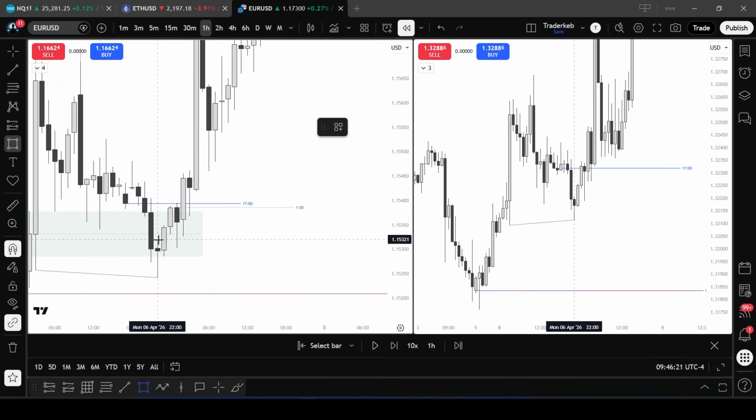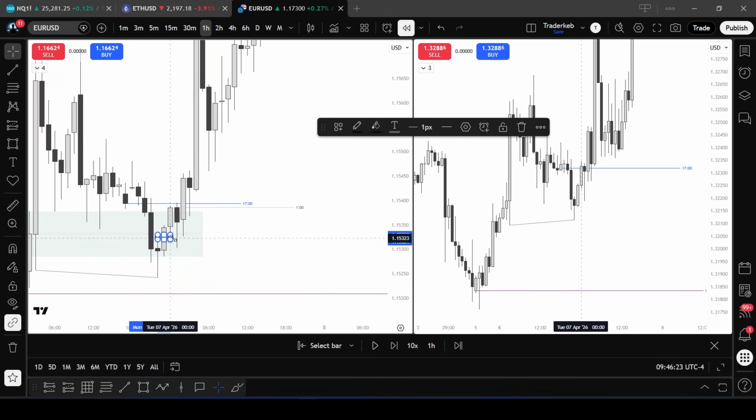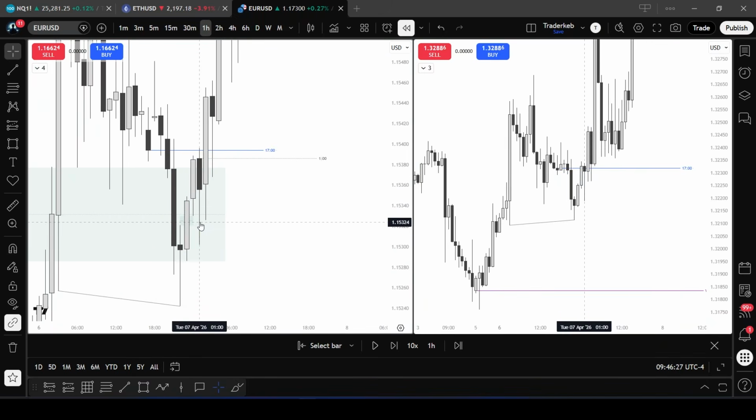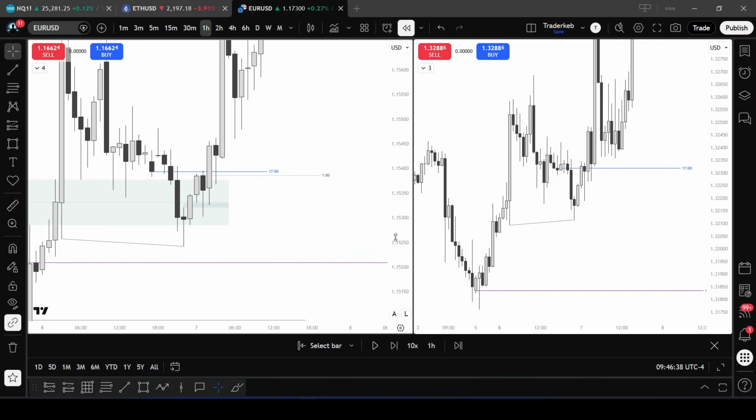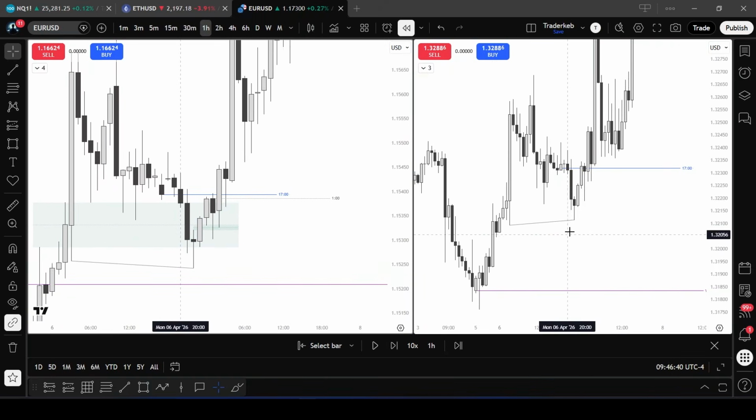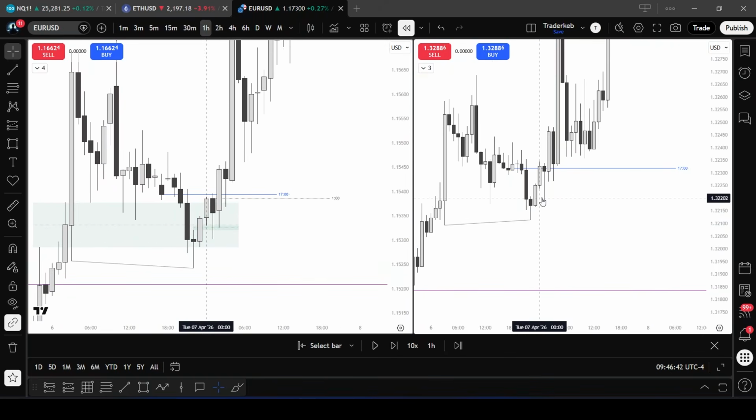We had this fair value gap here. I don't know why I can't grab this. You see, we have a fair value gap here. So we open, trade into that fair value gap. I want to see now an SMT with this key level, if it's going to confirm the low of the 4-hour candle, 1 a.m. candle, right? So is there any SMT with the key level? There is no SMT there.